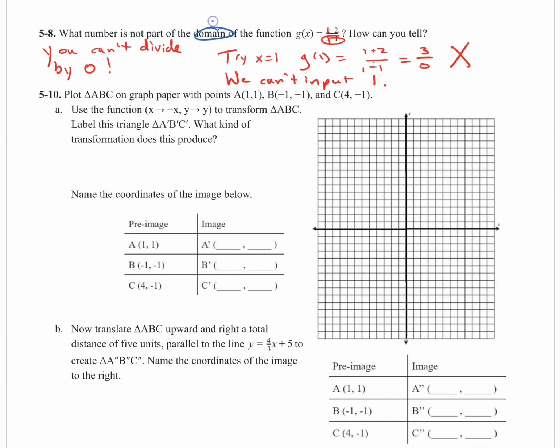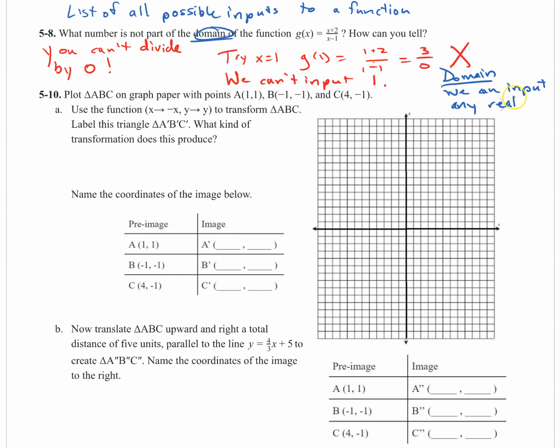Alright, also remember, domain by definition is the list of all possible inputs to a function. Okay, so let's look at this function. We can't input 1, and that's the only number we can't input. So for the domain, we can input any real number except x equals 1, right?